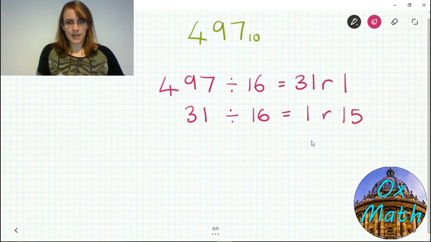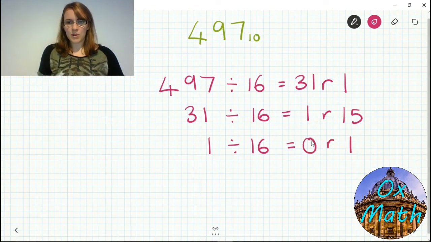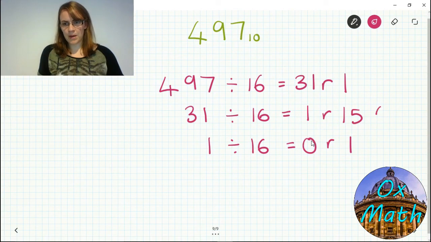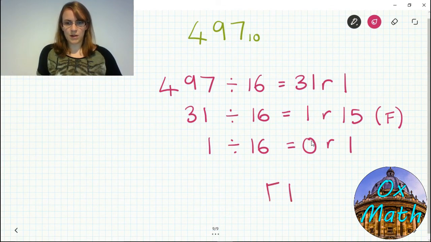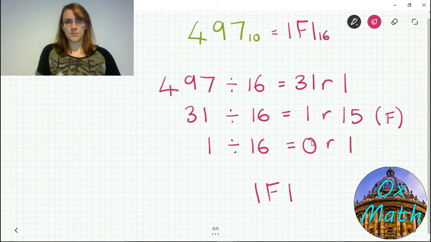And then finally that 16 doesn't go, so we're still left with the 1. So 1, 15, 1. Remember, we use an F for 15. So we can write that starting from top to bottom and right to left as 1F1. So 497 in base 10 is 1F1 in hexadecimal.